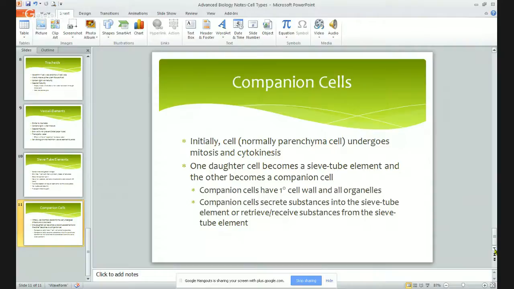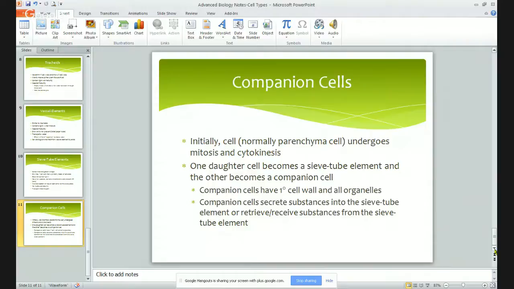The reason why is since your sieve tube element doesn't really have a nucleus or lots of functioning organelles, it needs that companion cell. Your companion cells are going to have a primary cell wall, and all of the necessary organelles that the sieve tube element and companion cell would need to function.